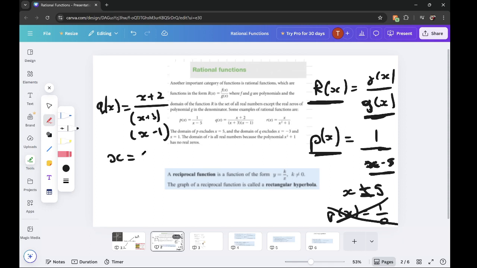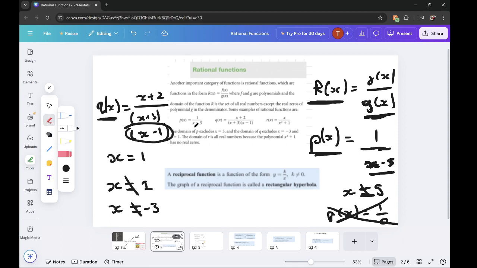So if I plug in x is equal to 1, this becomes 0. 0 times x plus 3, which once you plug in 1 becomes 4, 4 times 0 becomes 0, and the denominator becomes 0 again. Again, q of x is undefined. So in this case, your domain is going to be limited by 2 values: x cannot equal 1, and x cannot equal negative 3. That is what your domain will be limited by for q of x, your rational function.